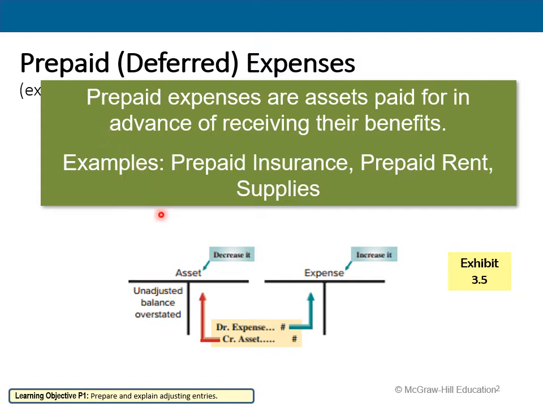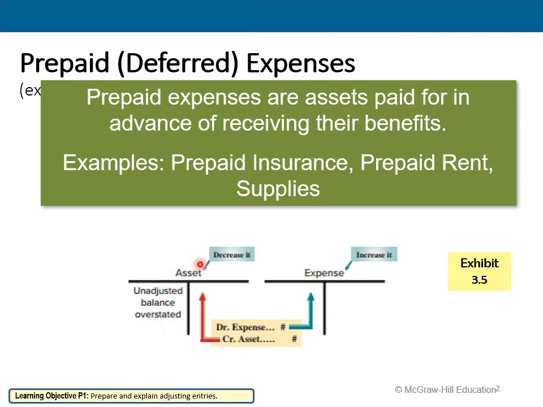You are always going to adjust for an income statement account, i.e. a revenue or expense, and a balance sheet account, i.e. an asset or a liability. So if you pause when you've made an adjusting entry and say, is one of my accounts a revenue or expense, and is the other of my accounts an asset or a liability? If the answer to either of those questions is no, then you're wrong, and you want to take a closer look at what you've done.